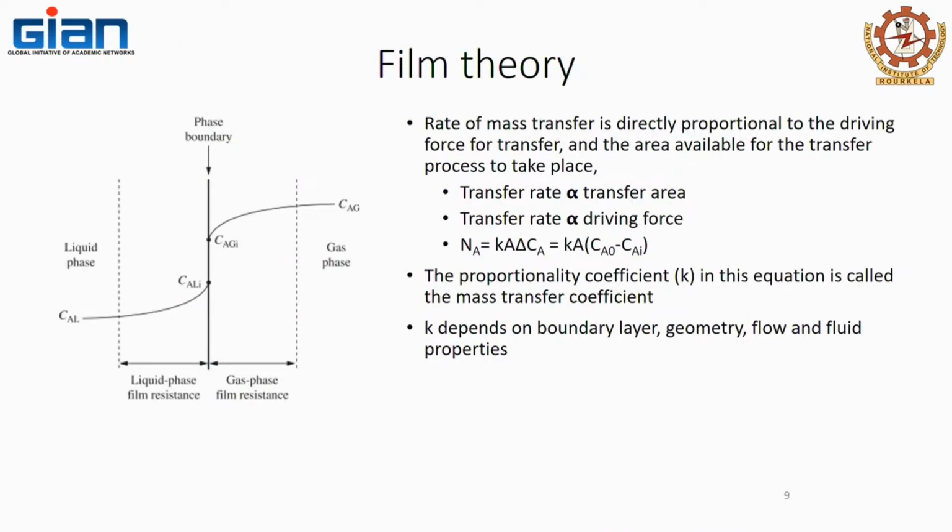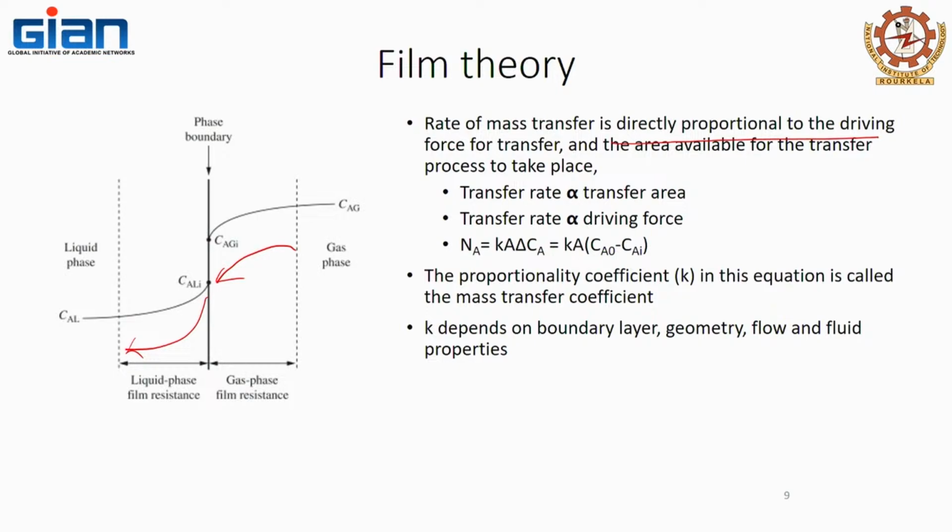Now, the film theory, so this is your phase boundary. You have your gas phase and then you have your liquid phase. So, the gas phase film resistance and then you have your liquid phase film resistance. The rate of mass transfer is directly proportional to the driving force for transfer, which would be the concentration gradient, because that is the only driving force.